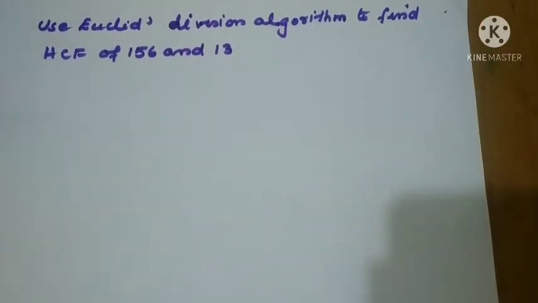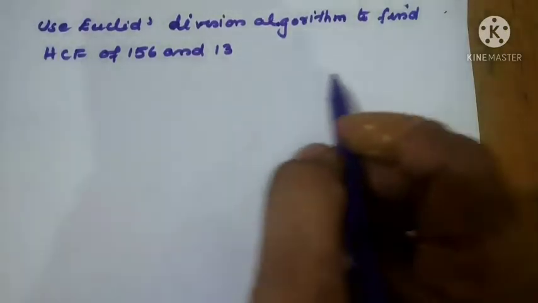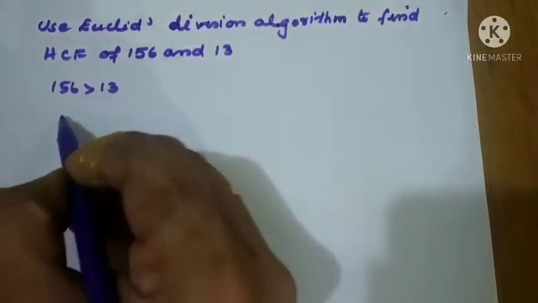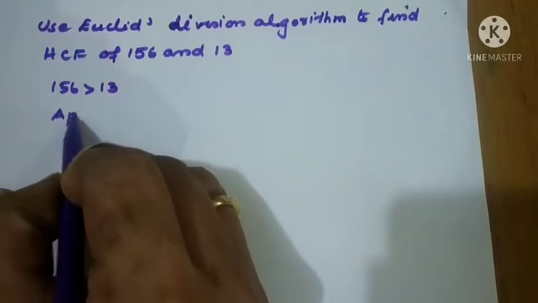Use the Euclid division algorithm to find the HCF of 156 and 13. We should write 156 is greater than 13, applying Euclid's division lemma.